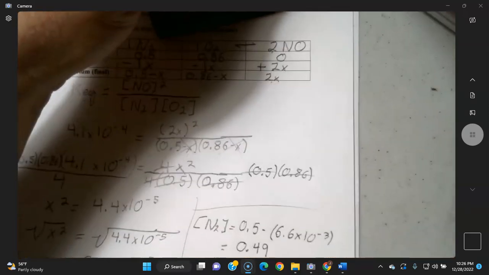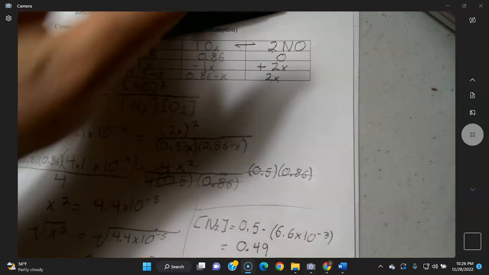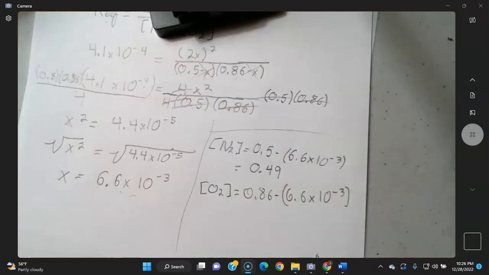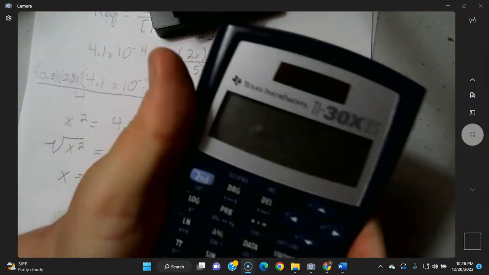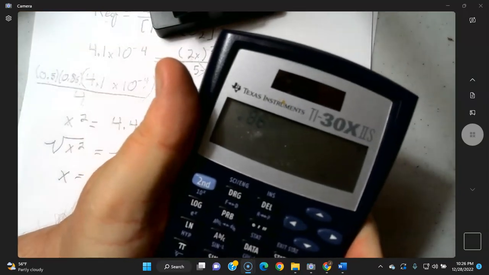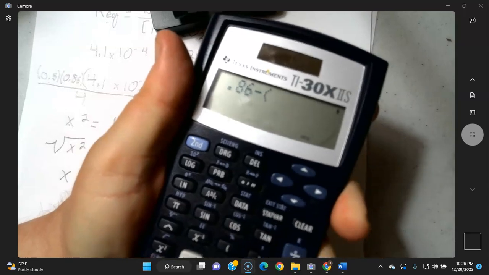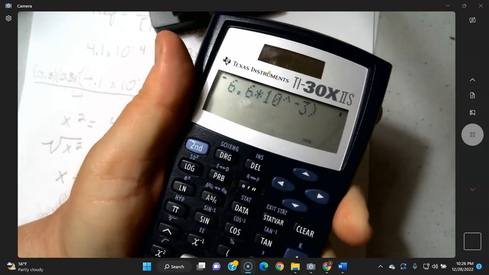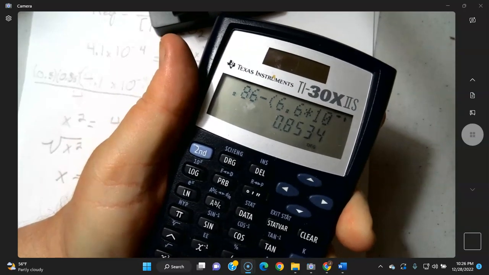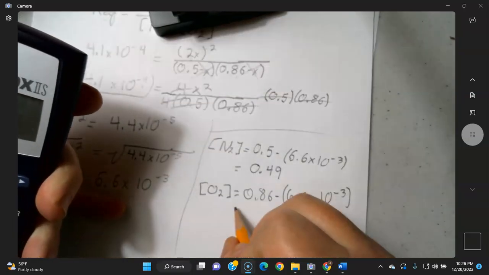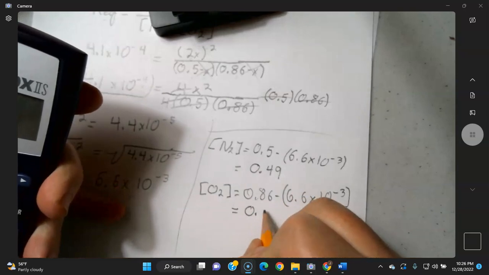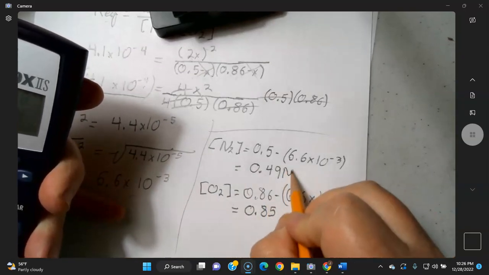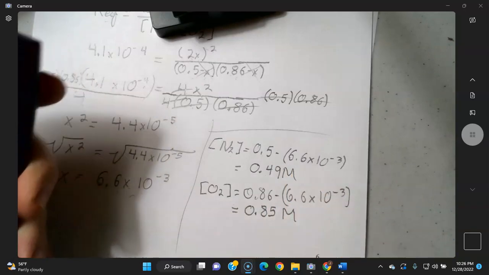I'll have to keep moving back and forth. 0.86 minus the x value, this right here. Okay, and what we get is 0.86 minus that, and that's 0.8534. We'll just call it 0.85. So it went from 0.86 down to 0.85. Okay, and that's molar. These are concentrations, so you have to put the molar.